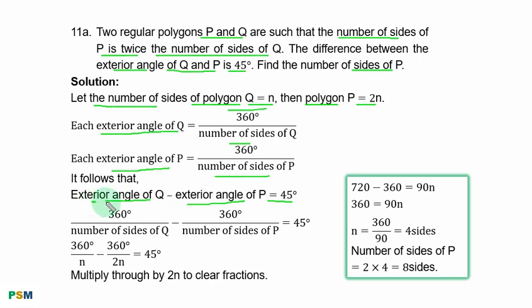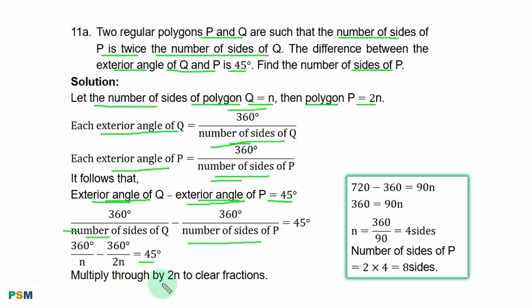You replace this term with this fraction, you have this result. The second term with the second fraction, you have it in this form. Number of sides of Q is n. You replace the denominator with n, that of P with 2n, then equal to 45 degrees.